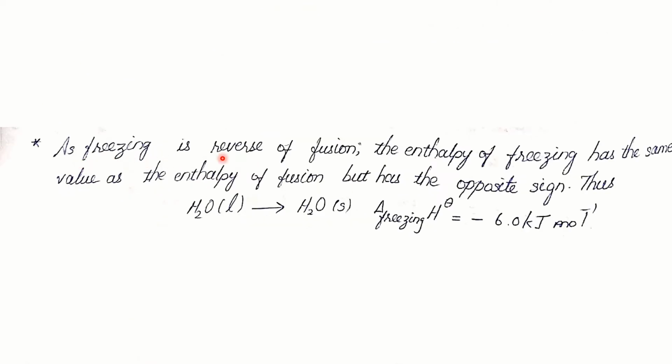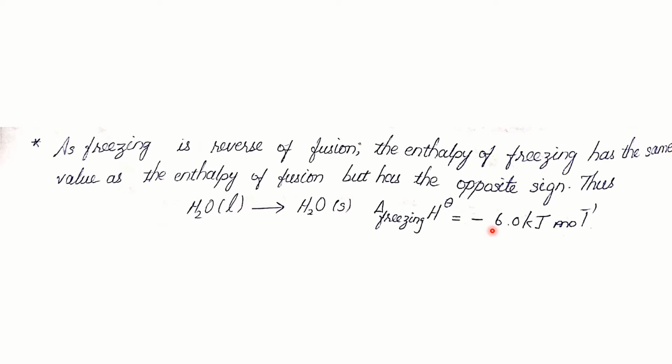As freezing is the reverse of fusion, the enthalpy of freezing has the same value as the enthalpy of fusion. Their magnitudes will be the same, but note that enthalpy of freezing will have an opposite sign. For example, the enthalpy change that corresponds to the conversion of 1 mole of water in the liquid state to 1 mole of water in the solid state is equal to minus 6 kilojoules.